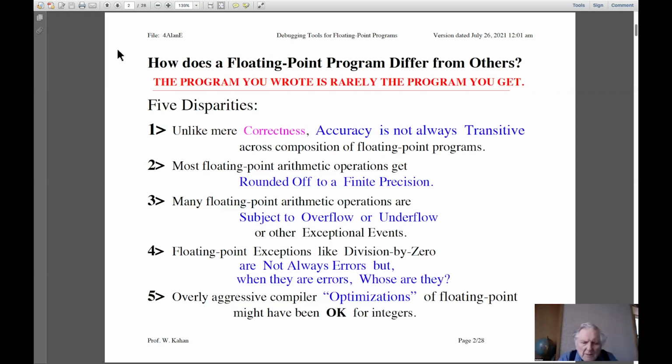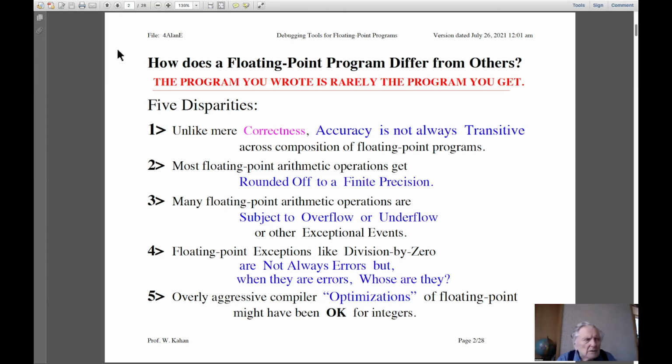How does a floating point program differ from the others? Well, the trouble is that when you write the text of your program, that's not the program you get, because the program you get is going to be afflicted by rounding errors, which are very hard to avoid, and by certain kinds of exceptions, none of which appear in the text of your program.